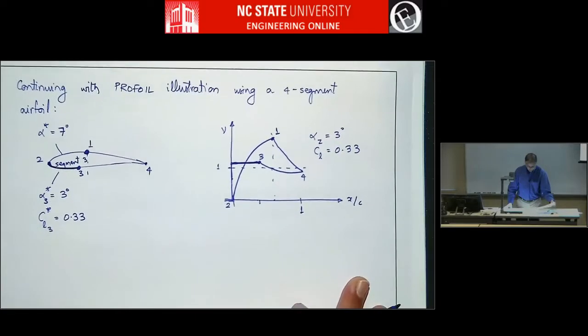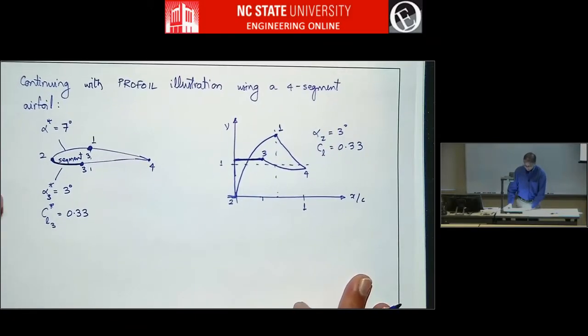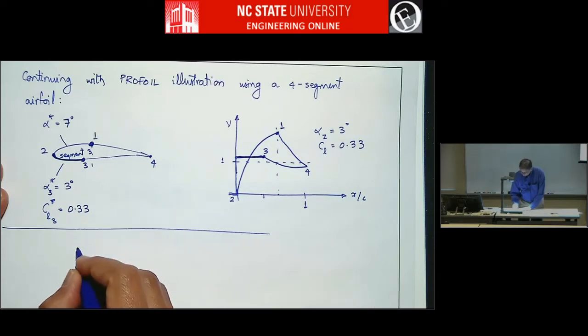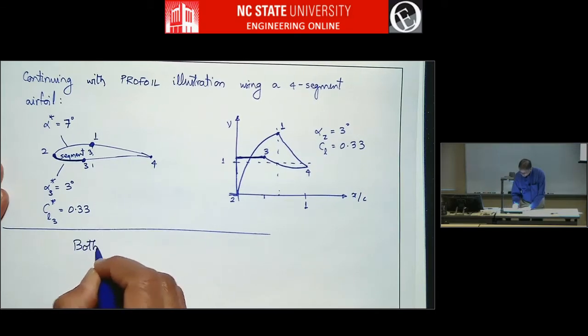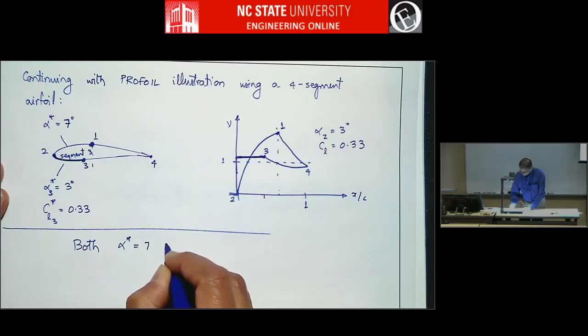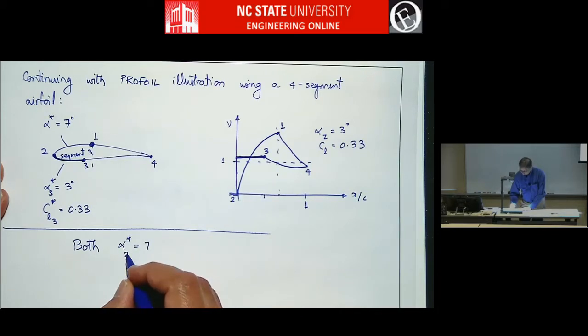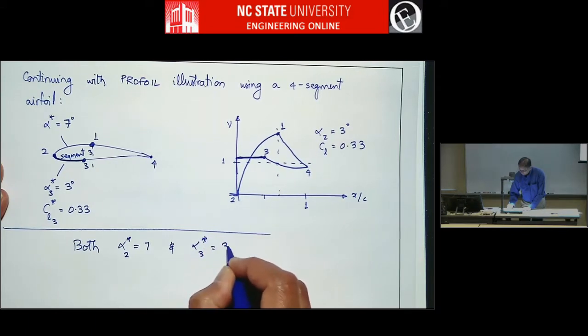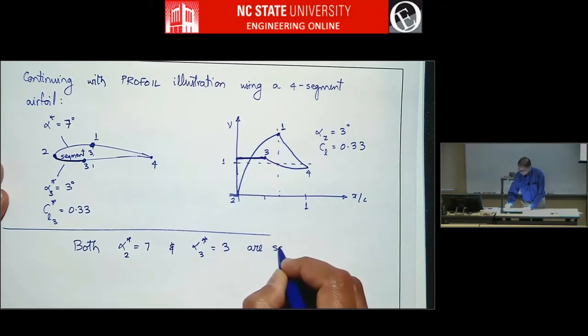So the nice thing is, segment 2 alpha star and segment 3 alpha star are satisfied.